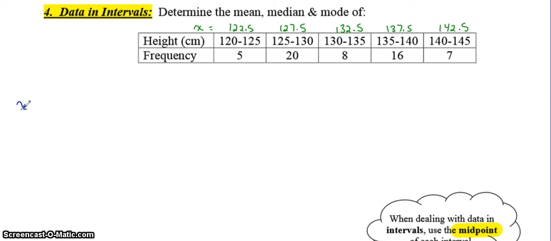So mean, again, frequency multiplied by the x value.